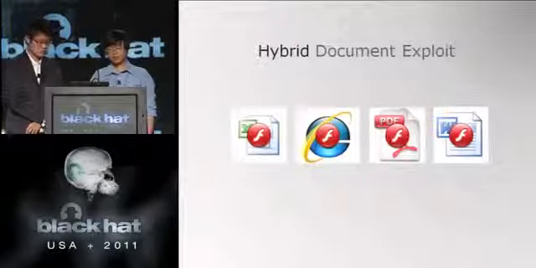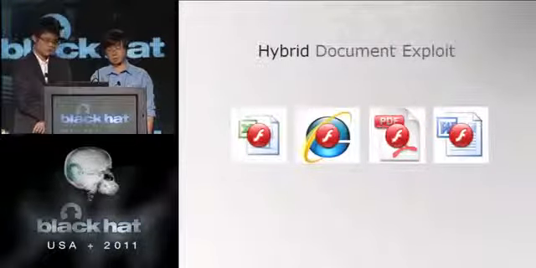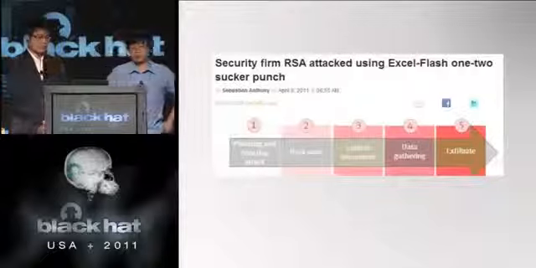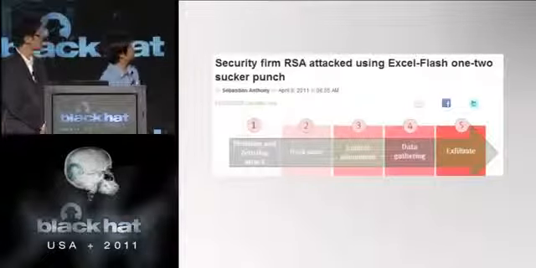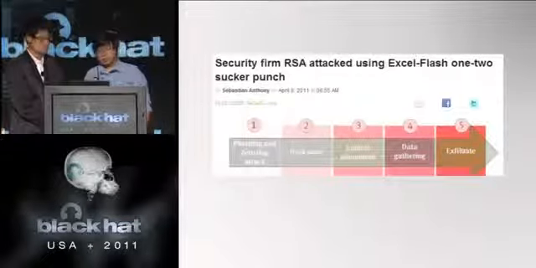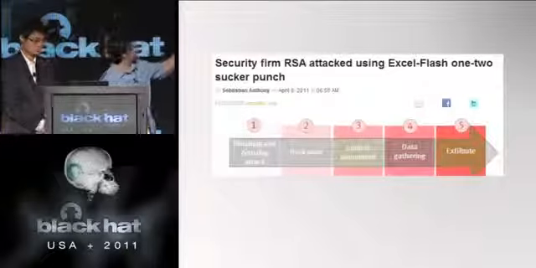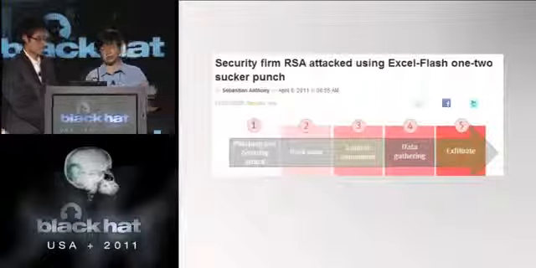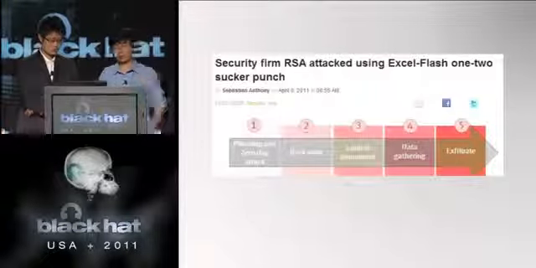Recently, we saw a lot of attacks using this trick. The RSA attack is an example. The Excel Flash is actually the Flash vulnerability, and it is packed as an Excel file.